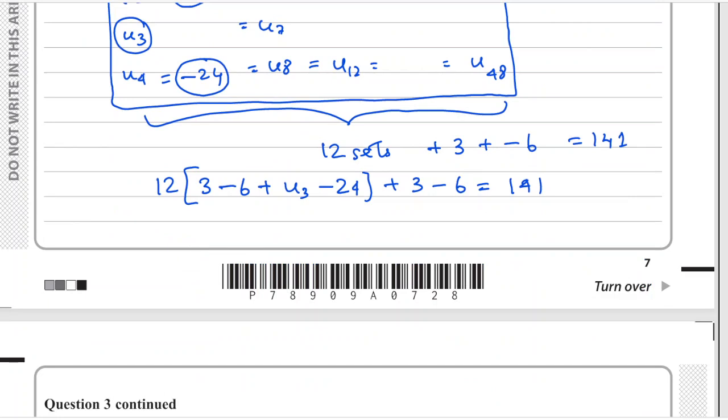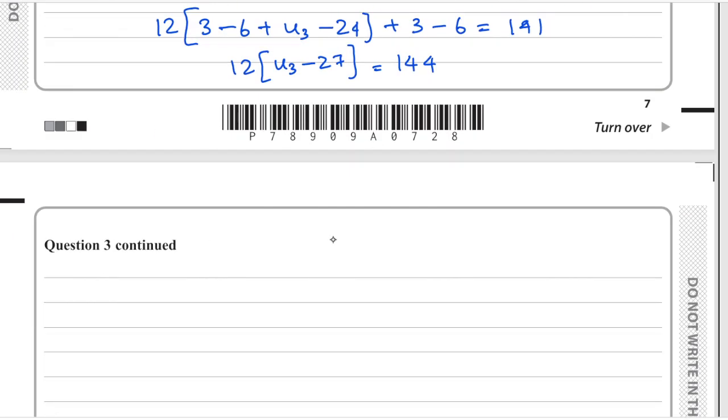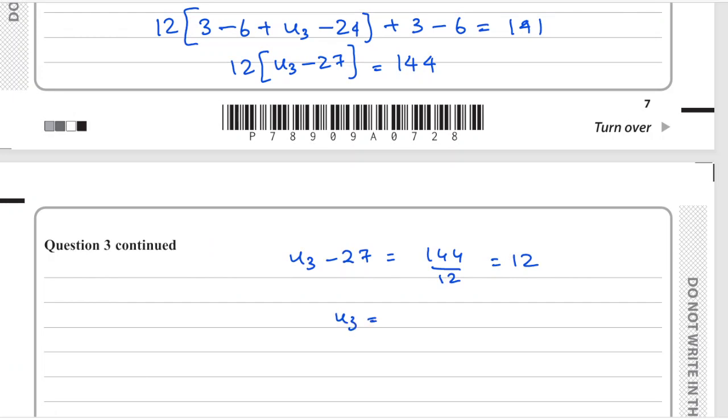Rearranging the plus 3 and minus 6 to the other side, I get 147, so 144 is equal to 12 multiplied by the set. Combining, 3 minus 6 is minus 3, and minus 3 minus 24 is minus 27. So U3 minus 27 is equal to 12 after dividing by 12 on both sides, and U3 will be 27 plus 12, which gives 39. So 39 is the correct answer for the third term in case this is a periodic sequence.